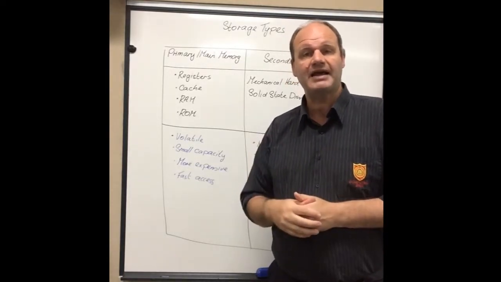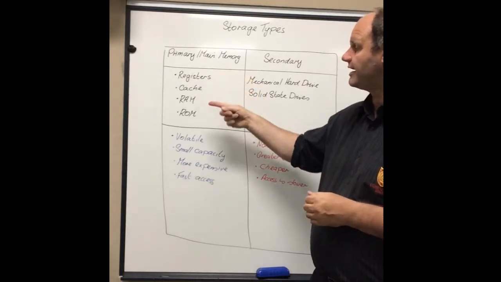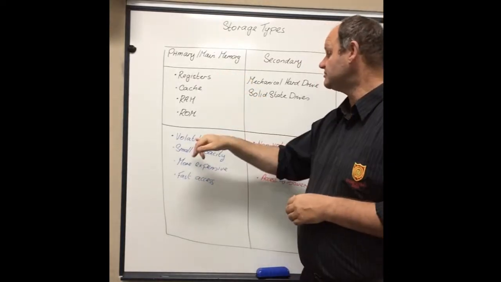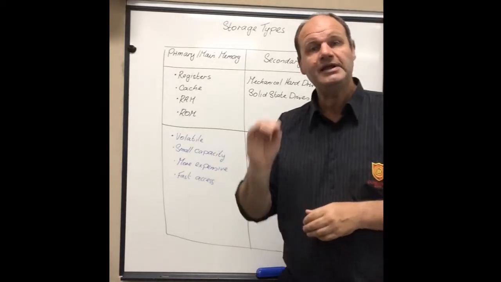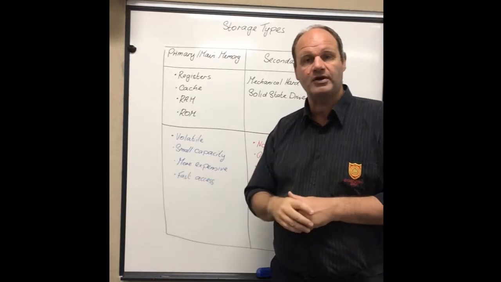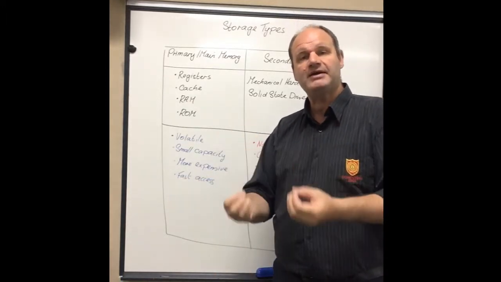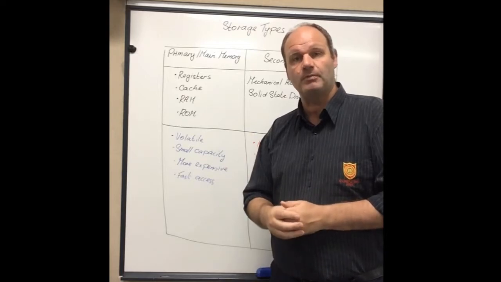Once that current is stopped, any data that is stored in the registers, cache and RAM is lost because it is volatile. The only exception to that is ROM. ROM is non-volatile, so when the computer is turned off, information is still kept in the ROM chip.